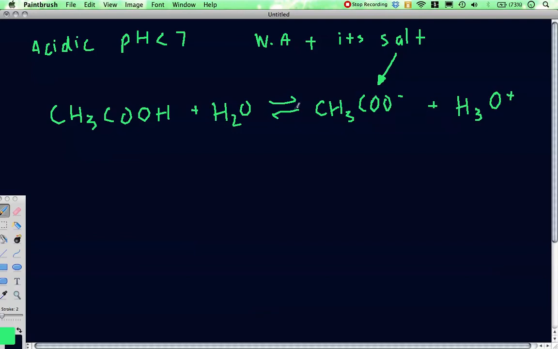and that's where we get these acetate ions from. So a solution of this acetic acid buffer contains many acetic acid molecules, because remember, it's a weak acid, so it doesn't ionize very much. So we've got lots of these molecules in here.